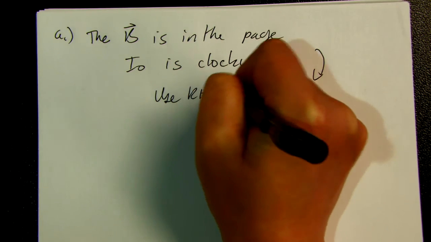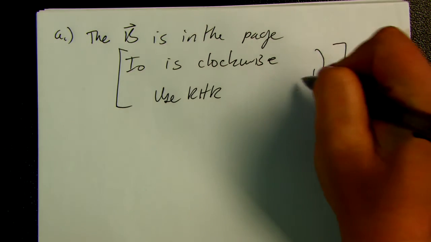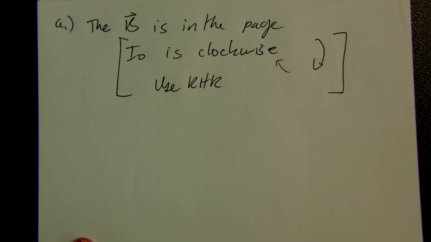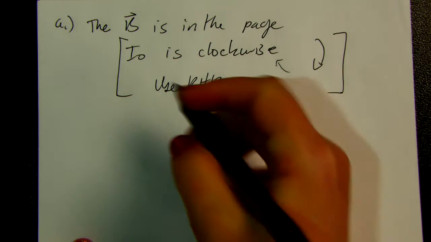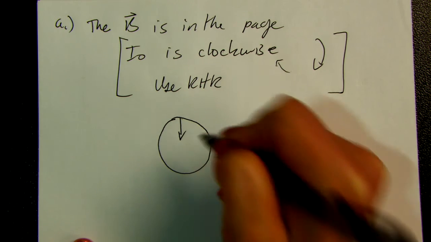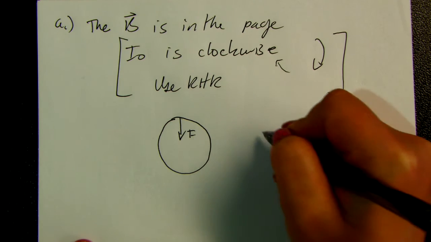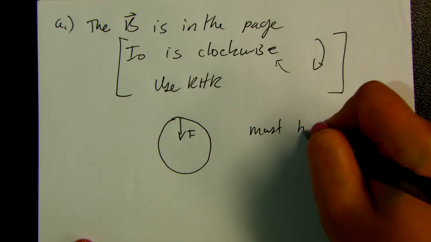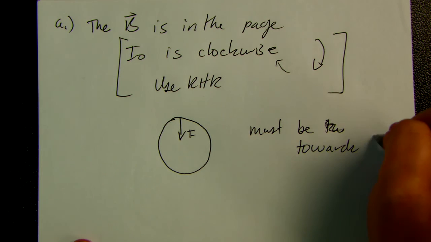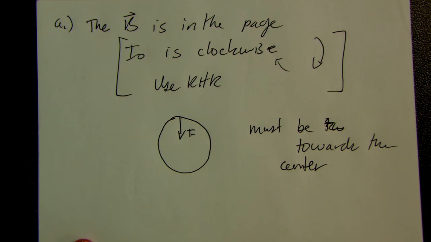And we know that the proton is going in a circle. So here's our circle. By circular motion, the force must be towards the center of the circle.